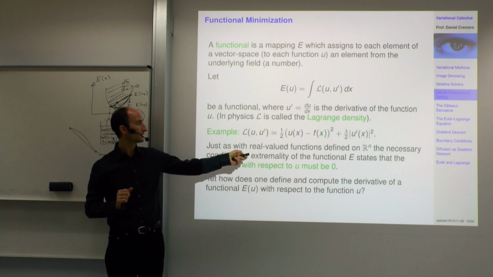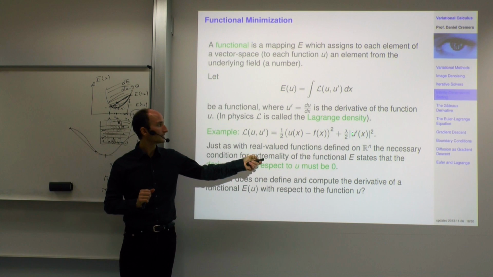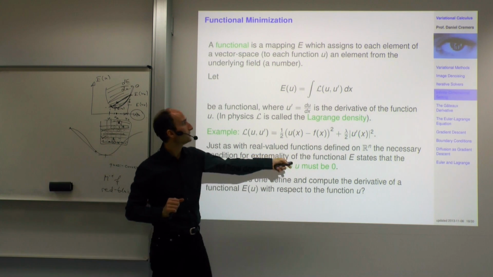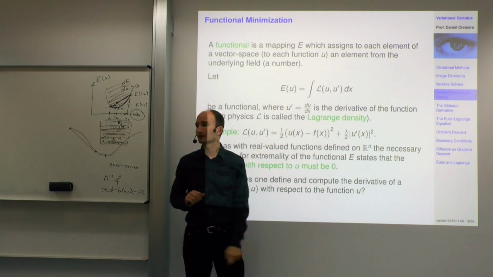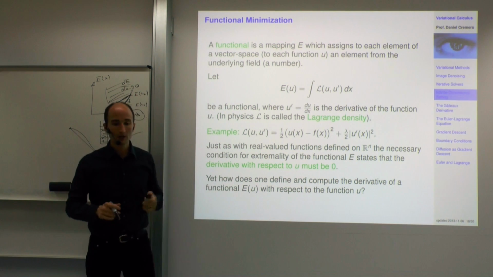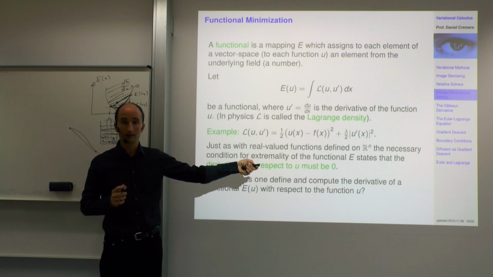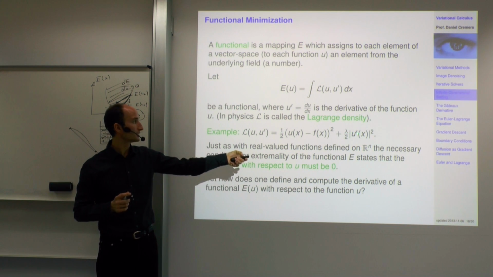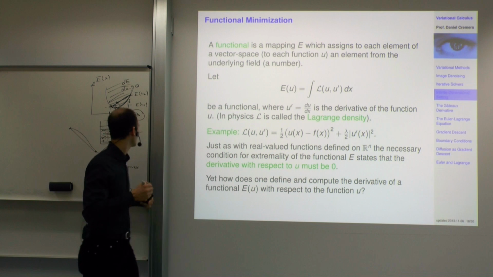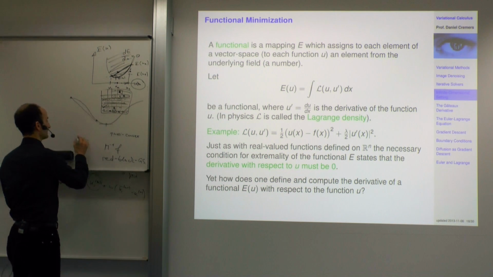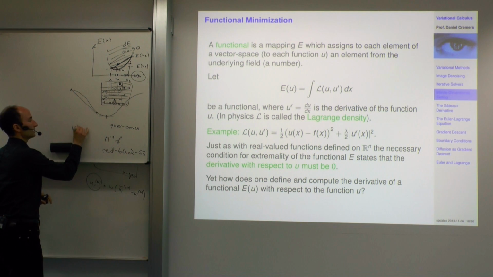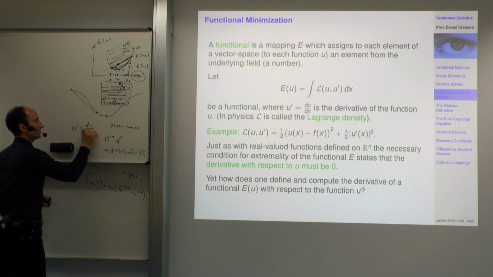So u of x minus f of x squared plus lambda times u prime, I call the gradient. I'll work for now in one dimension. Again, just like in the discrete setting, u prime is just the derivative, du by dx.